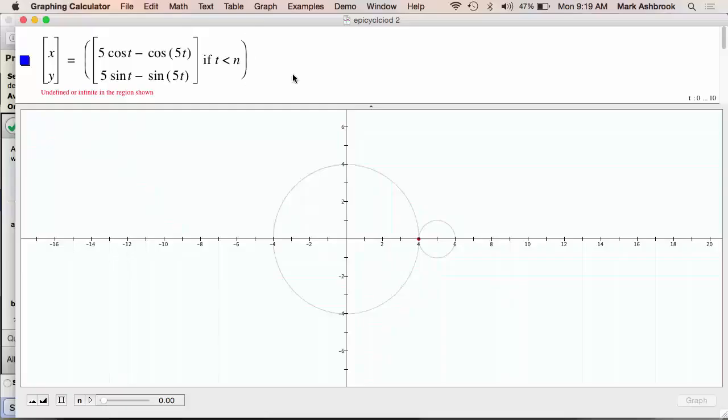What that actually is the function for is this circle, and then this other circle, which is like a wheel, and it's going to turn, as if you were turning that smaller wheel around on the surface of the larger wheel, and you were tracking a point on that smaller wheel.